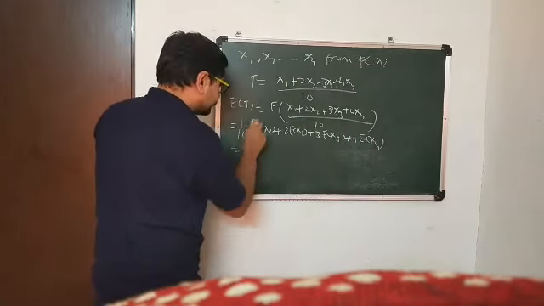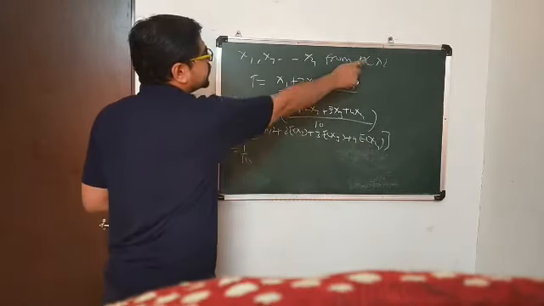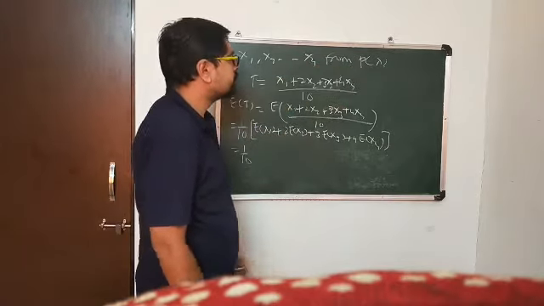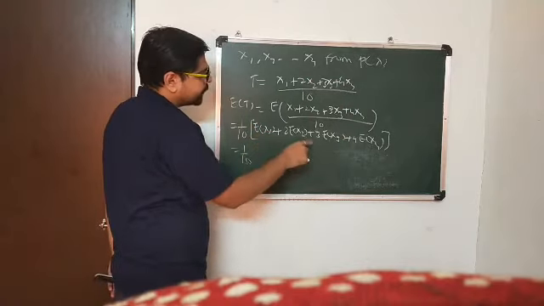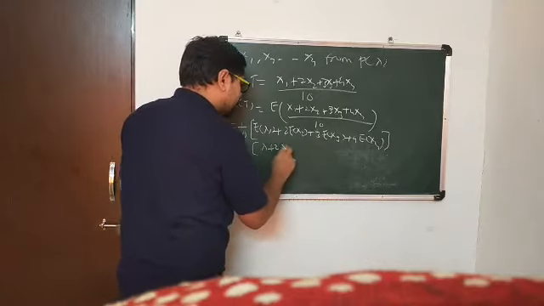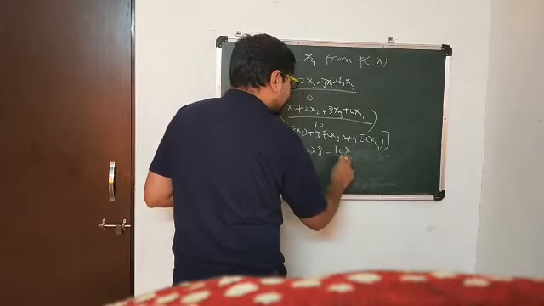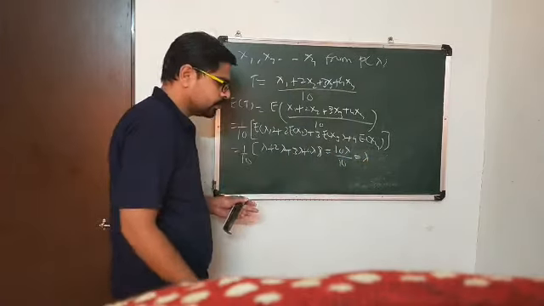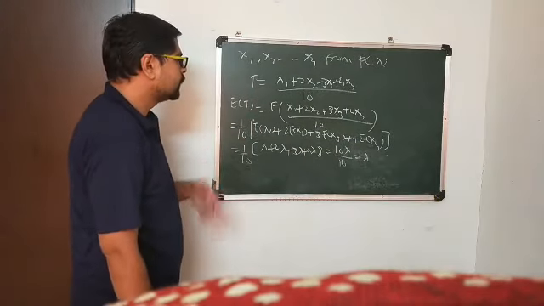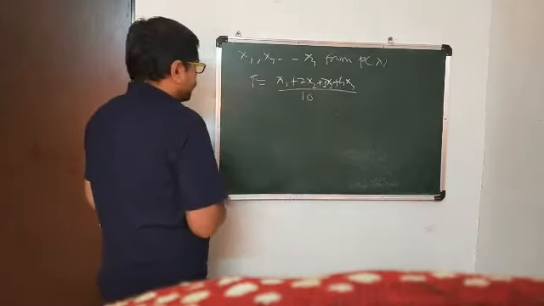Now all expected values of xi are the same, as the xi's come from Poisson lambda, so all expectations of xi are lambda. So it becomes lambda plus 2 lambda plus 3 lambda plus 4 lambda, which is 10 lambda divided by 10, and it is equal to lambda. So we have proved that T is an unbiased estimator of lambda. Now we calculate the variance of T.